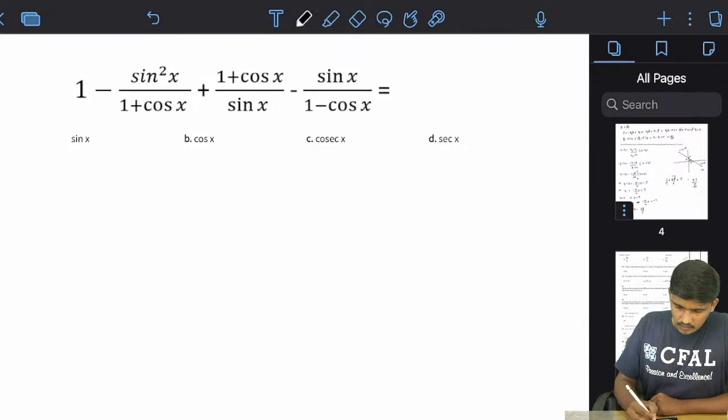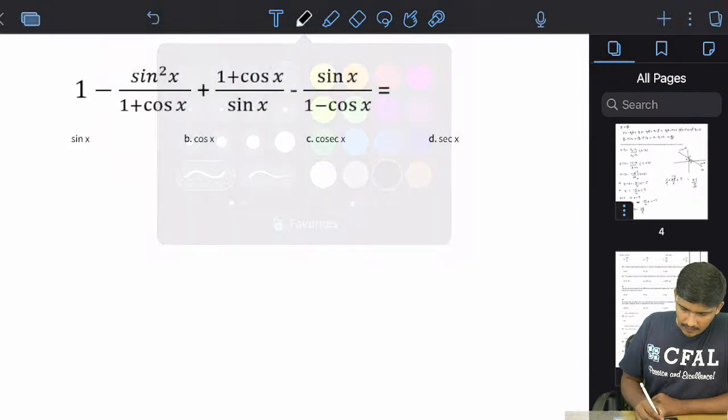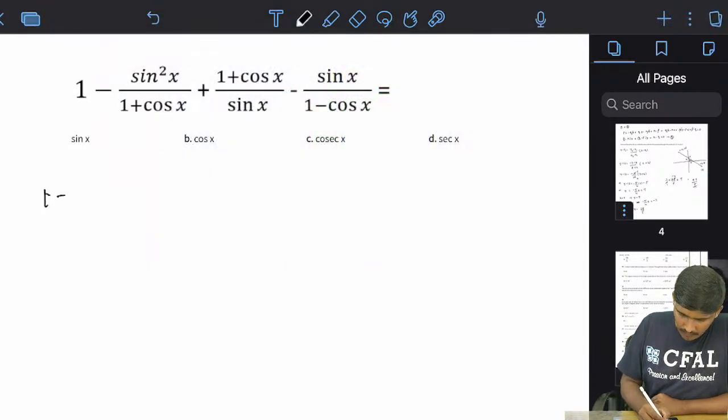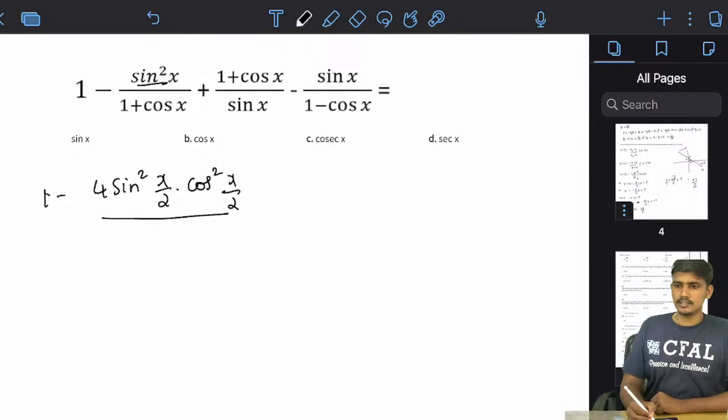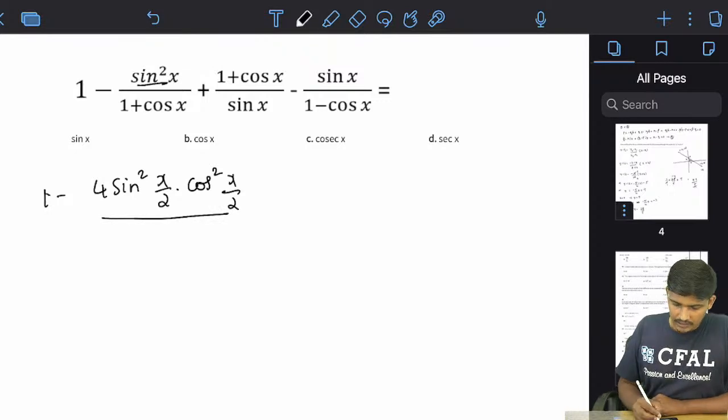Yes. So what we can do here is, for 1 minus sin square x, I'll keep it as it is. Sin square x I can convert into 4 sin square x by 2 into cos square x by 2, divided by 1 plus cos x, which I can write as 2 into cos square x by 2.